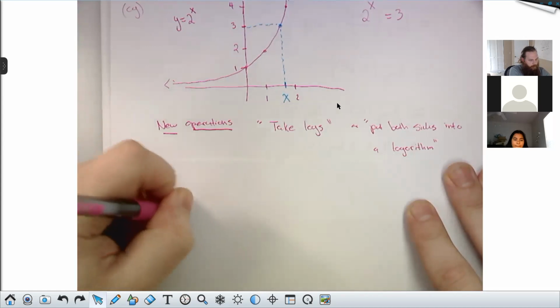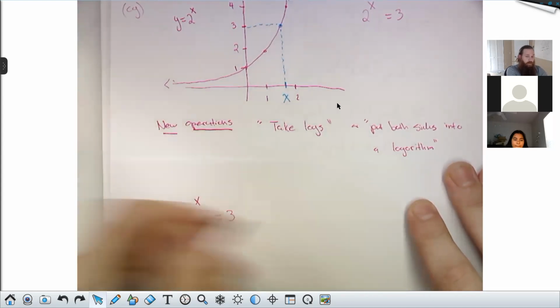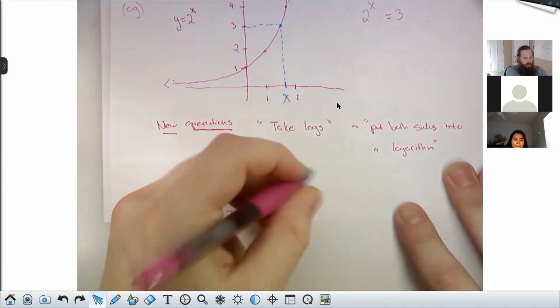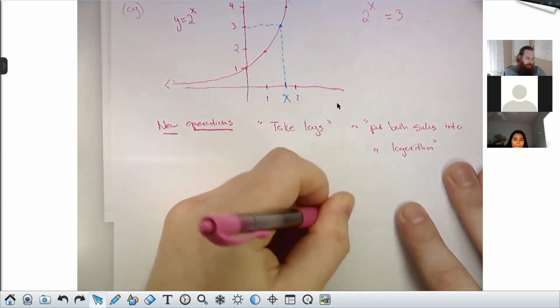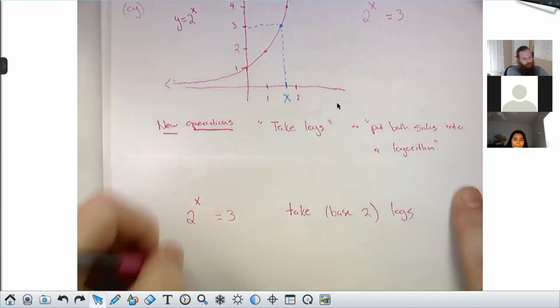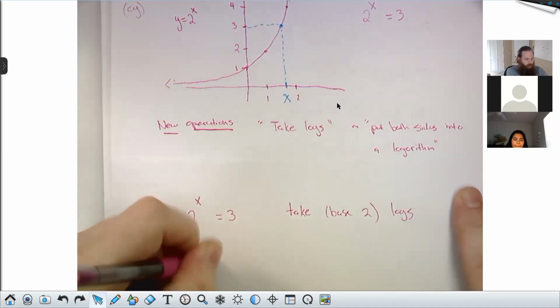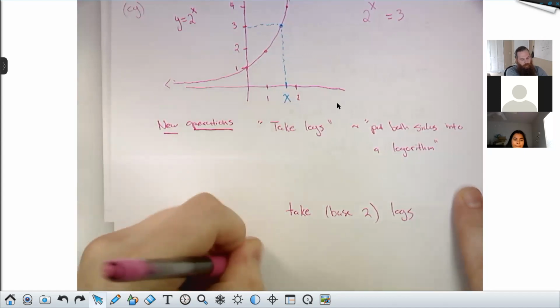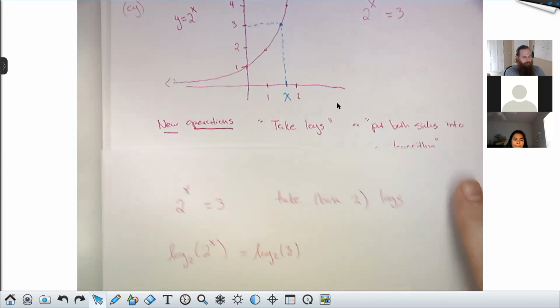If I start with the equation 2 to the x equals 3, I can take logs on both sides. In this case, I'll take base 2 logs. Which looks like this. I'll have log base 2 of 2 to the x equals log base 2 of 3.